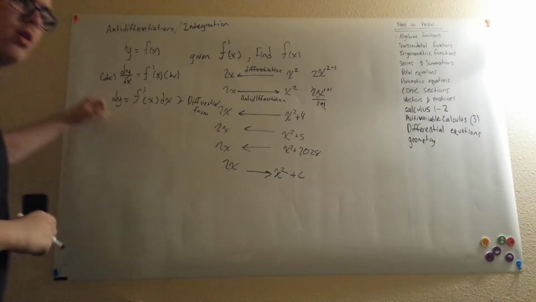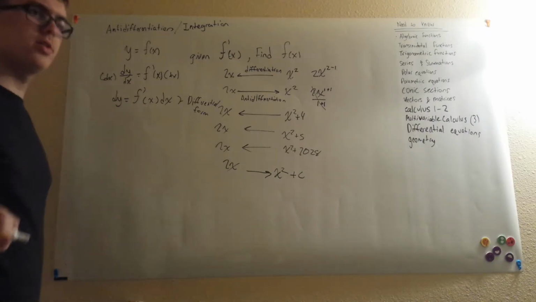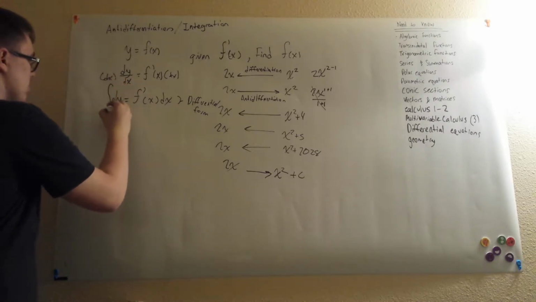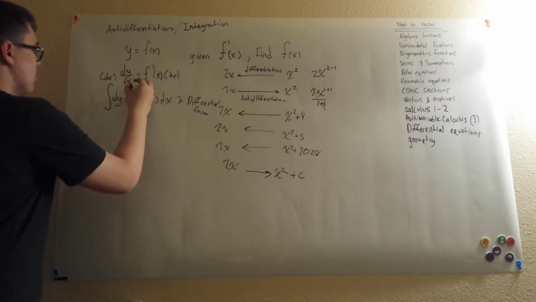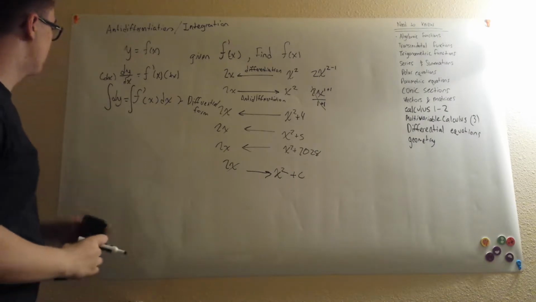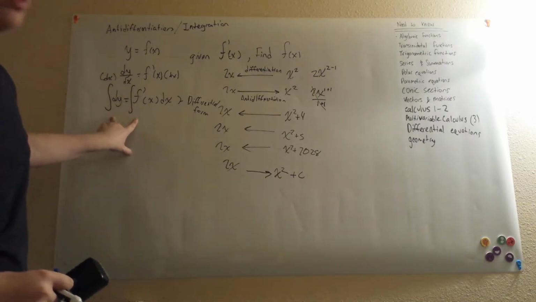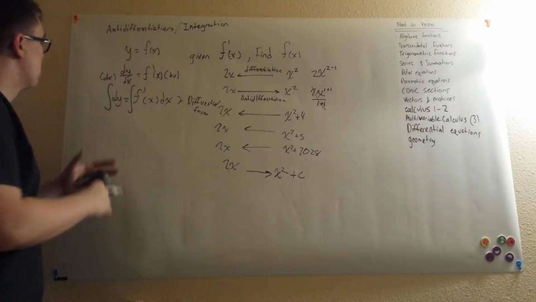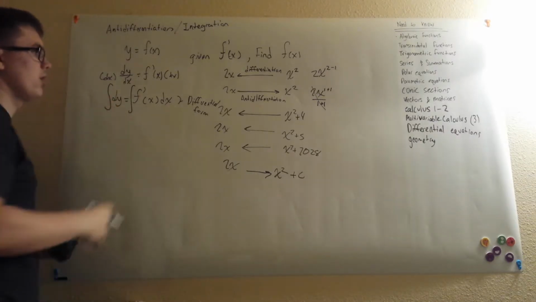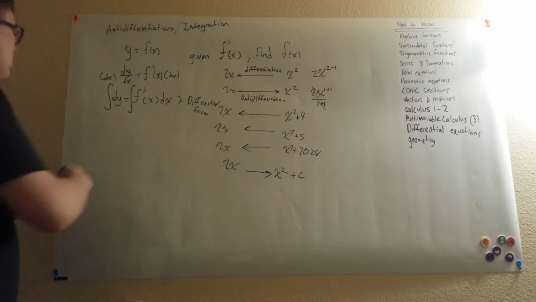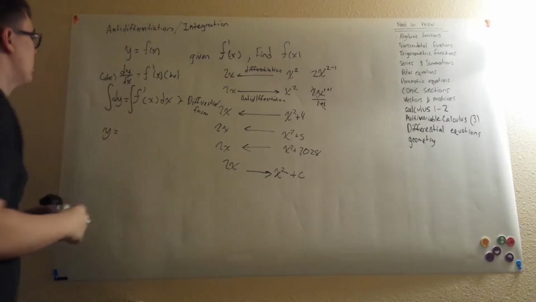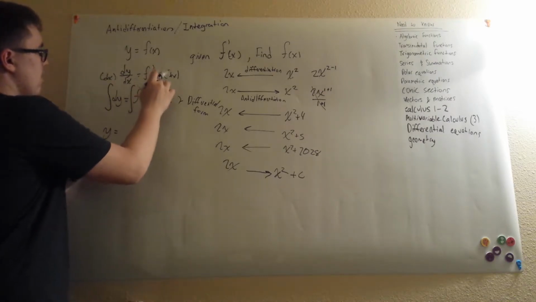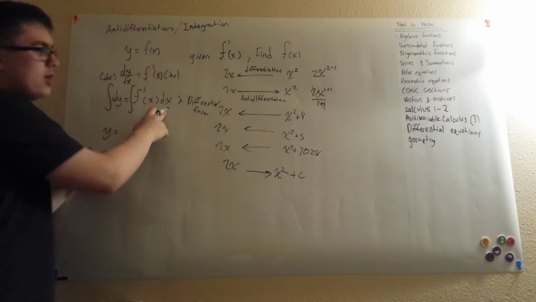And from here on, we use a symbol called an integral. What we do is we just integrate both sides. We take an integral, we anti-differentiate each side. Now later on you'll know why we get y here, but to get the reverse of f prime of x, you integrate.